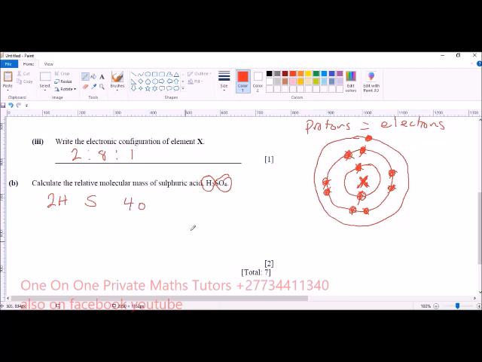What we need here is a periodic table. So when we go to the periodic table, we should look at the mass of each of these elements. All right. So let's go to our periodic table.